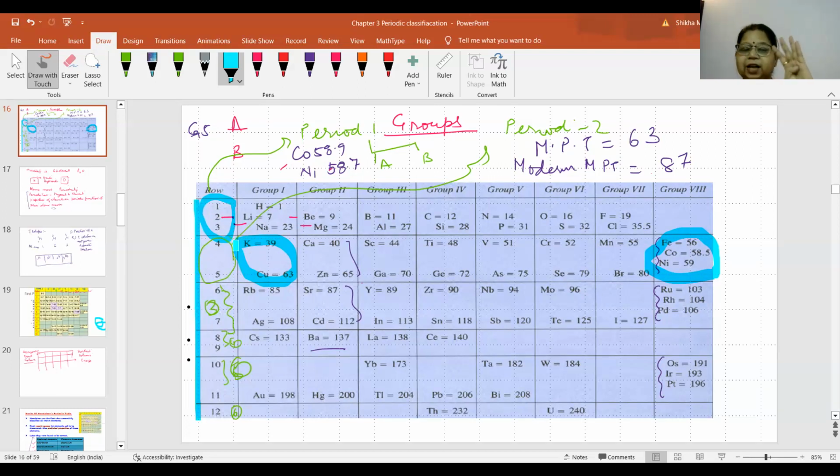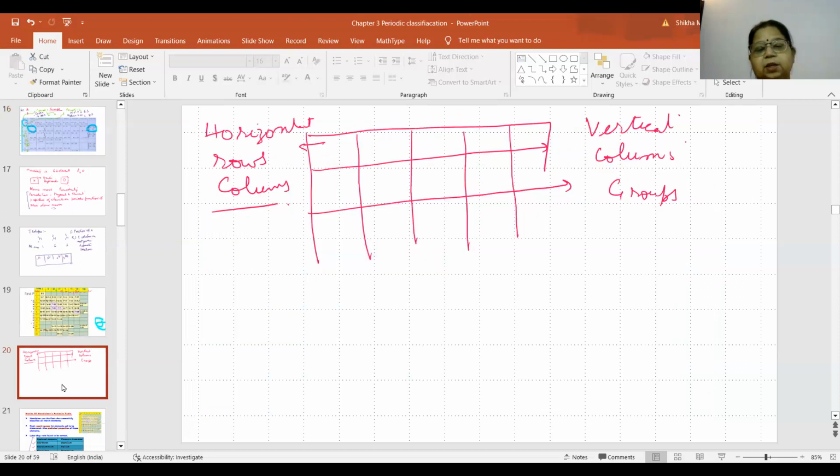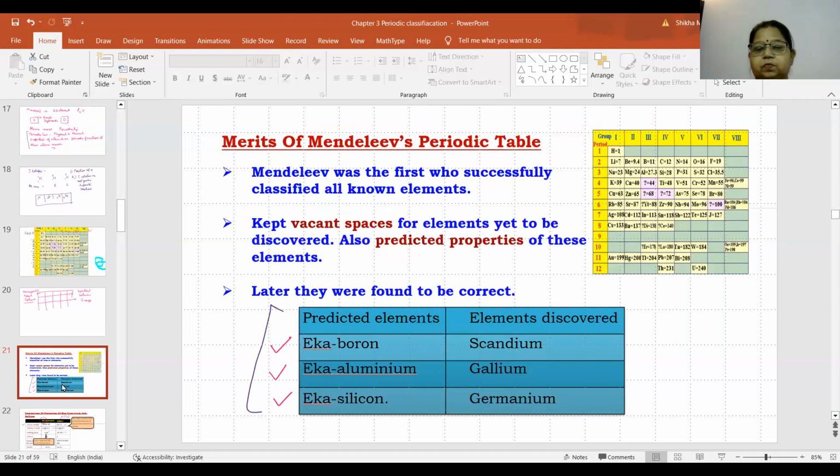Number 4, in certain periods, elements with opposite or different properties are kept together. Is it clear? Yes, ma'am. Okay, now let's quickly do one multiple choice question.